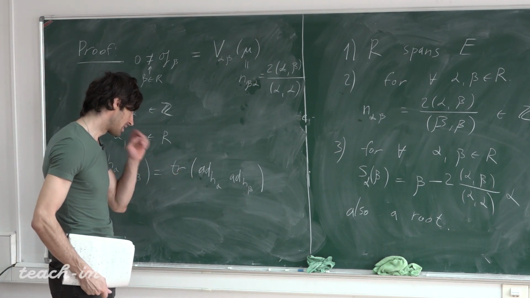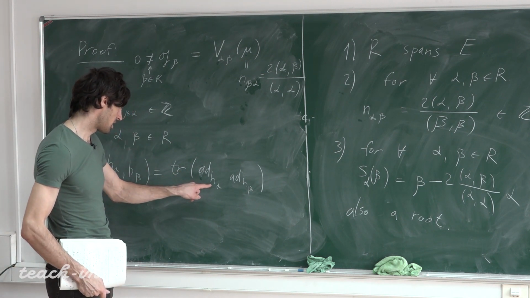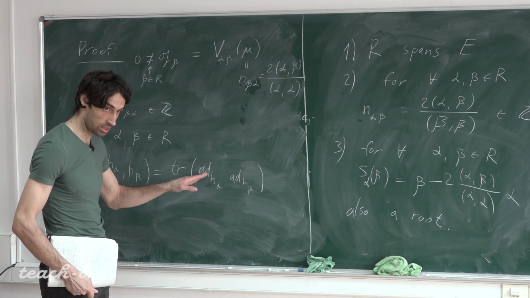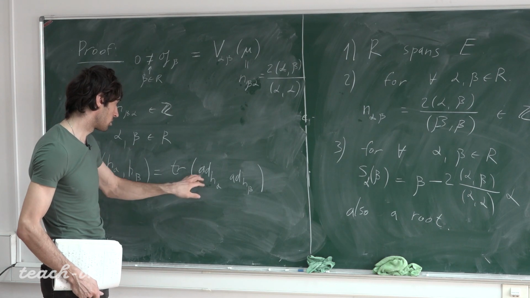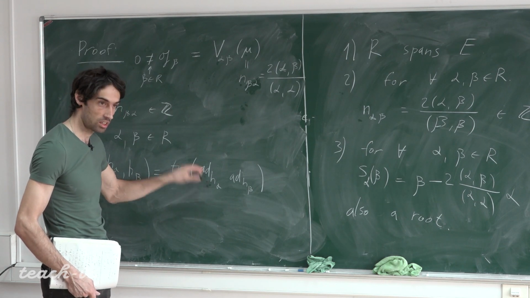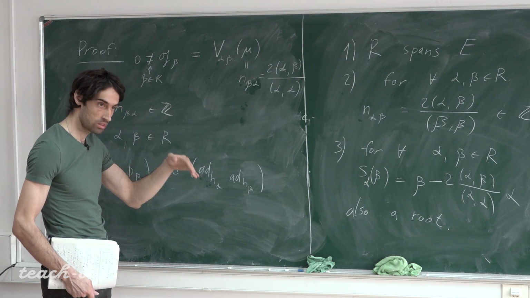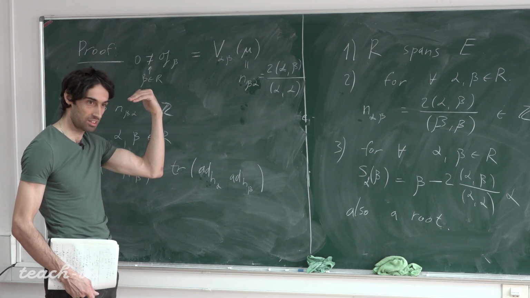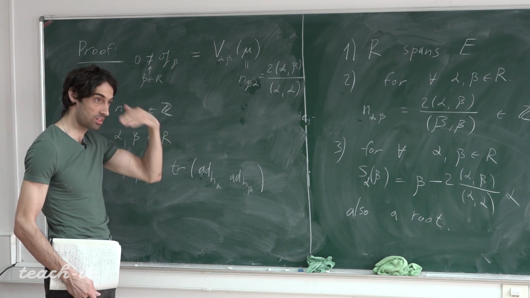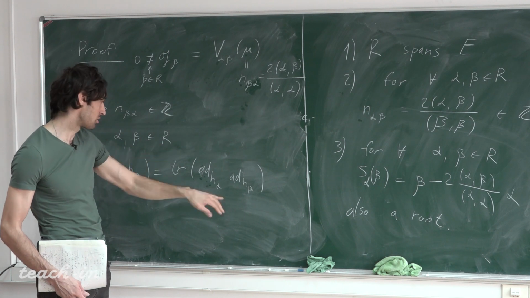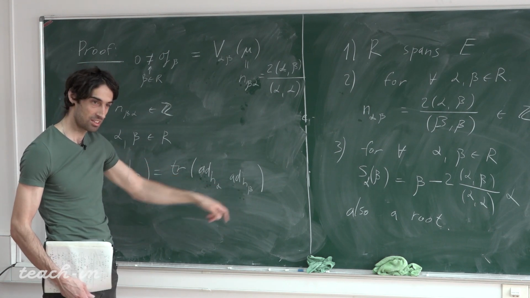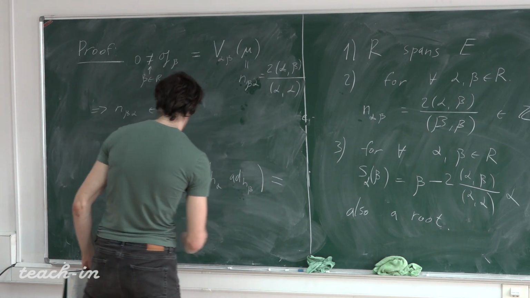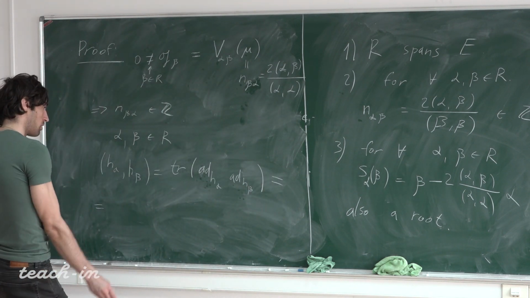These two things are diagonalizable simultaneously, and I also know how to write their eigenvalues. So I have the root decomposition, so I have the eigenspace decomposition simultaneously for all elements like this. So I claim that this is exactly the following thing.